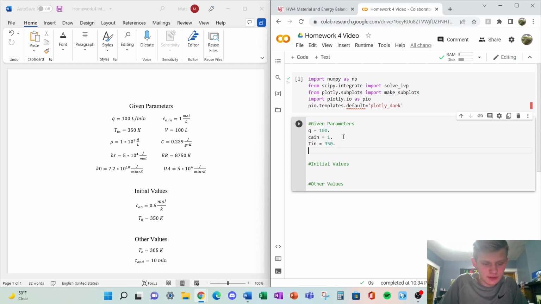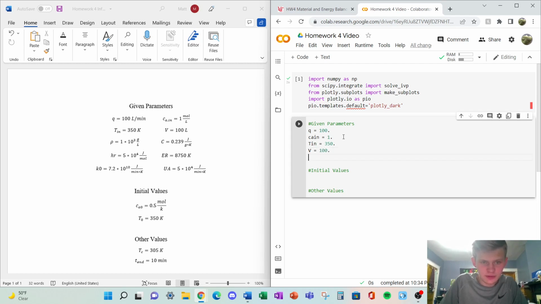All right, that looks good. Then our volume of the tank is going to be 100 liters. And then our density is going to be 1 times, actually, excuse me, almost messed it up, 1 times 10 to the 3rd.